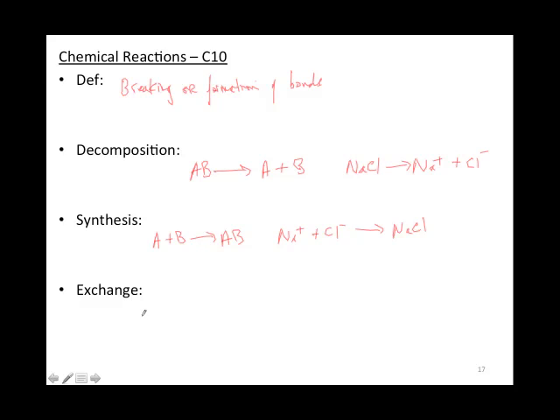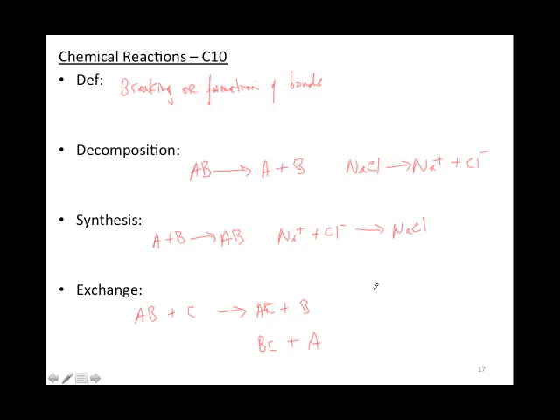Exchange reaction is a little different. That's where you're actually taking something like this and you're switching things around. So you're breaking down, let's say maybe you're going to make this and be left with this. Or maybe you're going to make this and be left with this. So you're just kind of switching things around. And these are very common as well. This is what happens a lot with ATP. ATP will actually transfer the phosphate from one molecule to another.